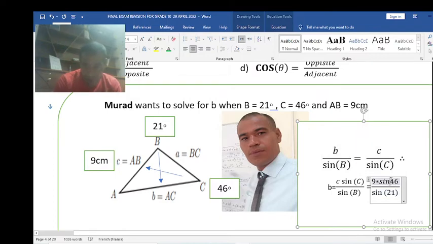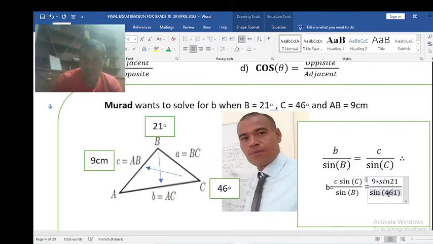This is 21, and this is 46, because I'm going to divide by sine of 46. So it will be 9 times sine 21 divided by sine of 46. So approximately equal to what?